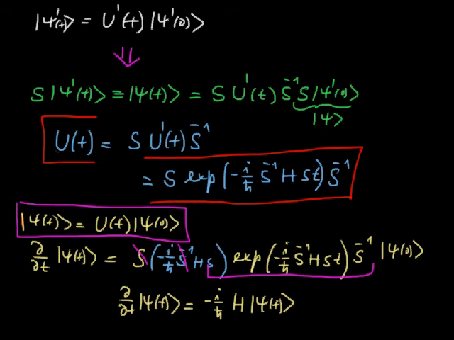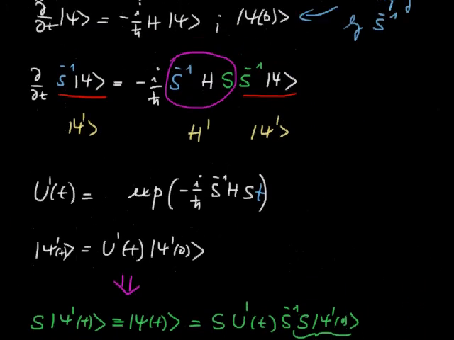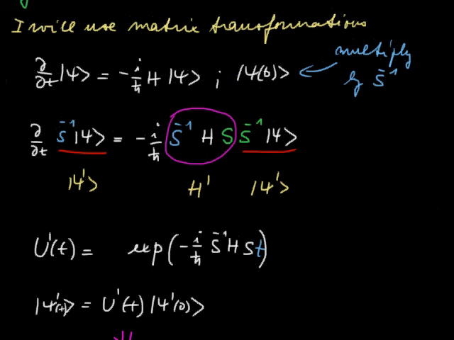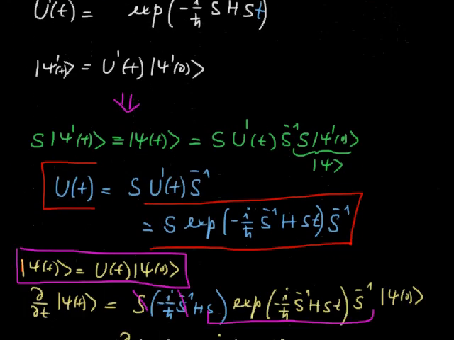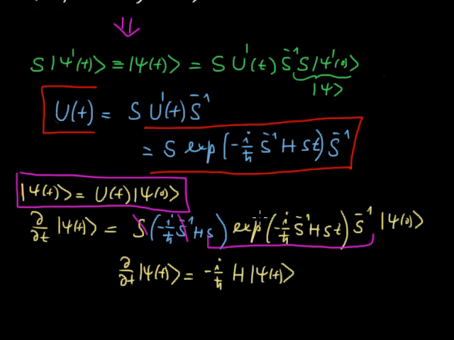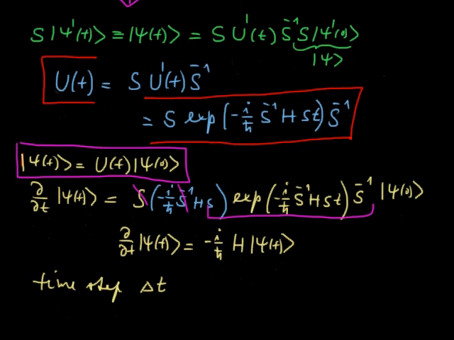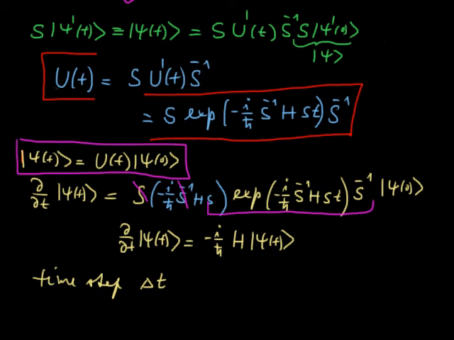So in our little programs, we'll find this matrix for a little time step dt or delta t, and then we propagate iteratively our wave function from the initial value.